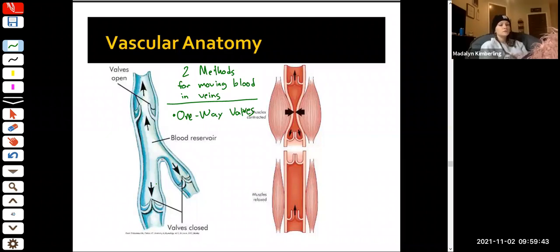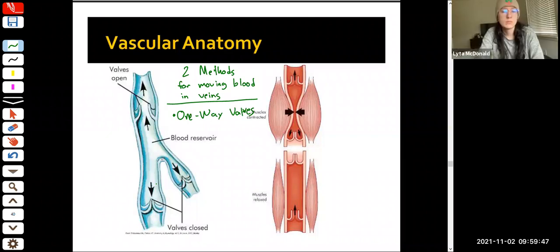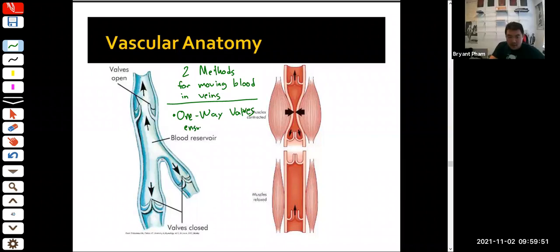Is it the lungs? Close. The heart. Move it towards the heart. One-way valves ensure blood only moves to the heart. You don't want blood just pooling in your legs, right? That's bad.